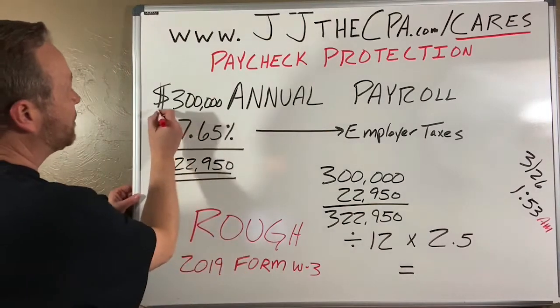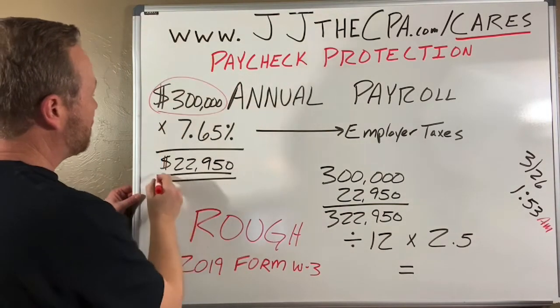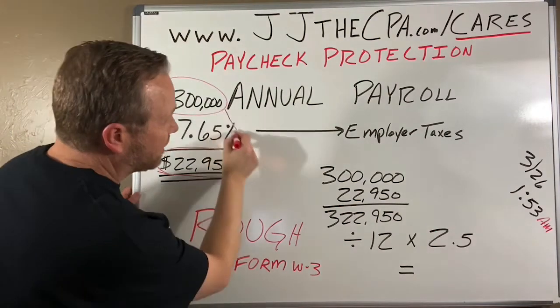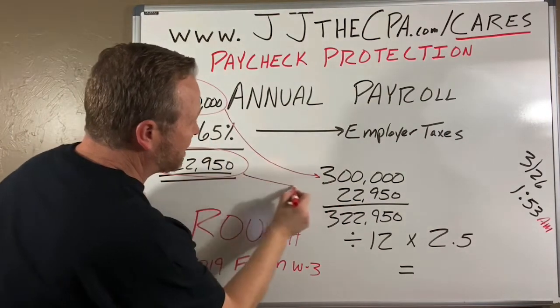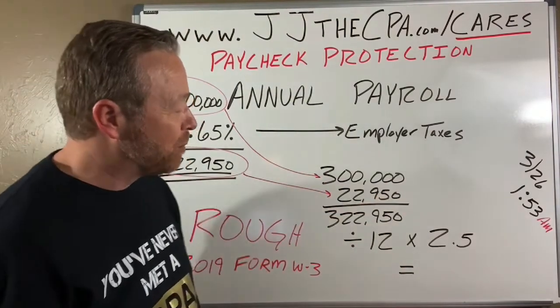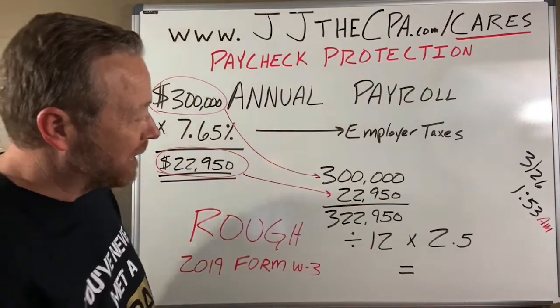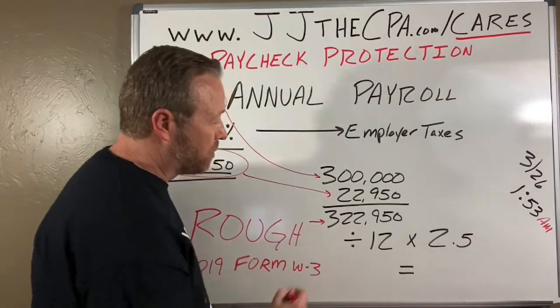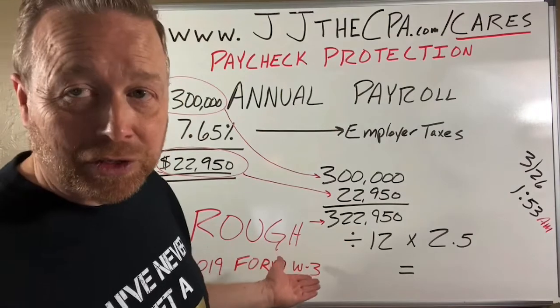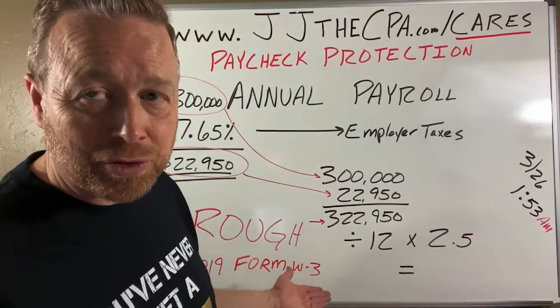Here's the gross payroll, there's that payroll tax, and those come down here to get to a total of payroll and payroll tax, which is $322,950. Now, this doesn't include the retirement or the health insurance, but we're trying to just get a quick and dirty number.